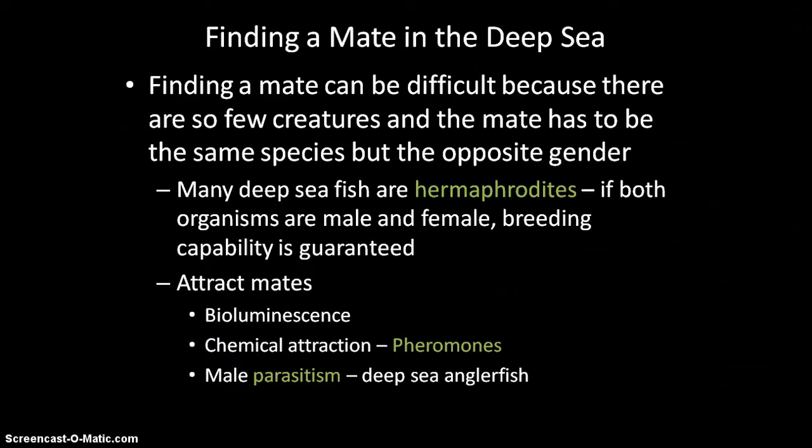So even to the point where her blood starts to circulate through his veins, and he loses basically every system in his body except for his reproductive system. So it's weird, but basically whenever the female anglerfish is ready to reproduce, she's got a guaranteed partner. So it's effective in the deep sea.